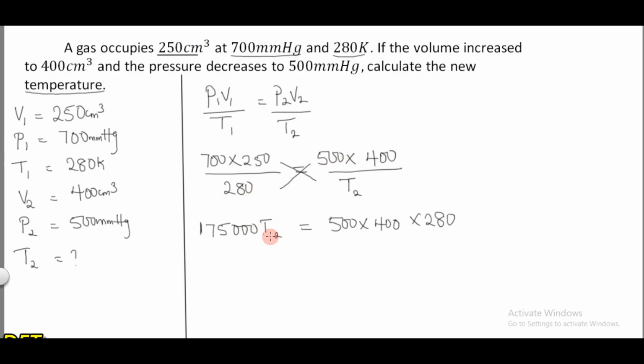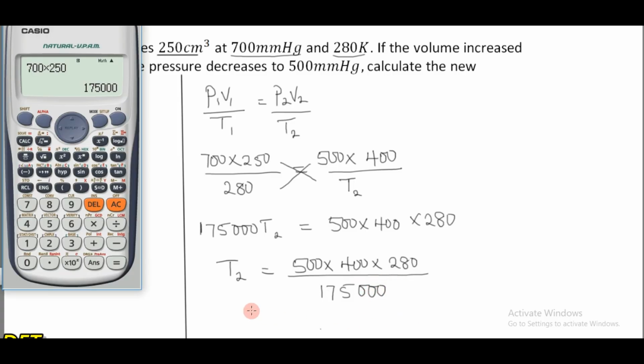Then the next thing is to divide both sides of the equation by the coefficient of T2, which is 175,000, so that T2 can stand alone. So my T2 will be equal to 500 times 400 times 280 divided by 175,000, right?